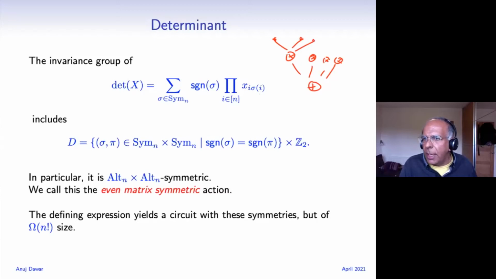So it's a bounded depth circuit, but the size of the circuit is of course n factorial because the sum is over n factorial terms, where each product is over n variables. So this gives you a rather large circuit, but it is a symmetric circuit under this full group of symmetries. Okay.